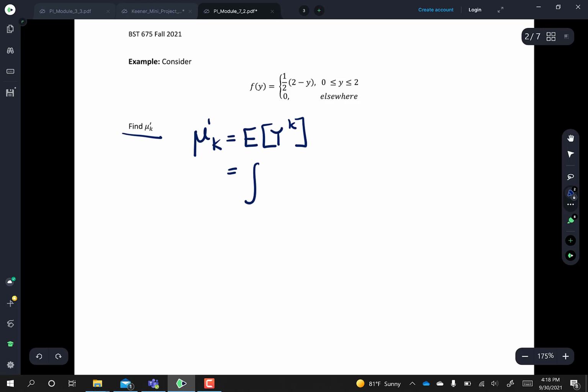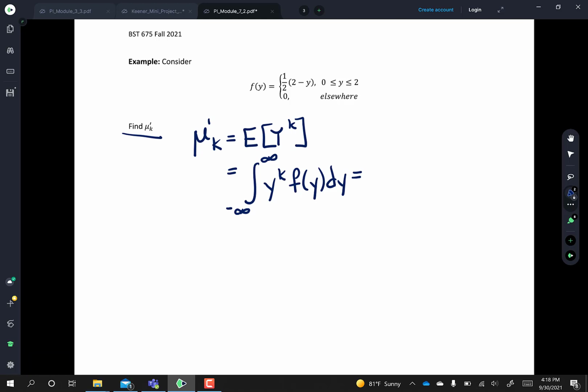By the definition, we are looking at the integral from negative infinity to infinity of y^k times f(y) dy. In this case, y is only defined between 0 and 2, so that integral is equal to 0 anywhere else. So we can just focus on the integral from 0 to 2 of y^k, and next I'm going to put in the actual f(y).